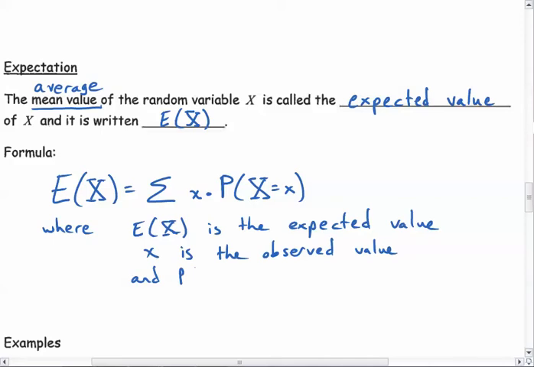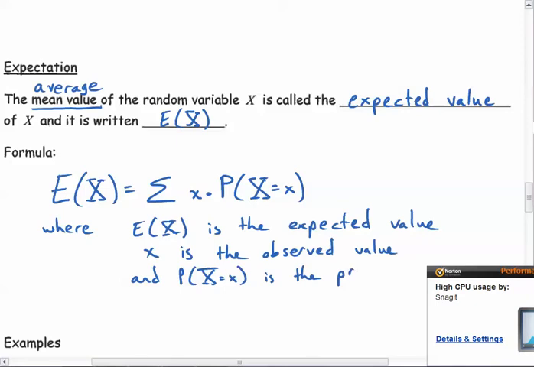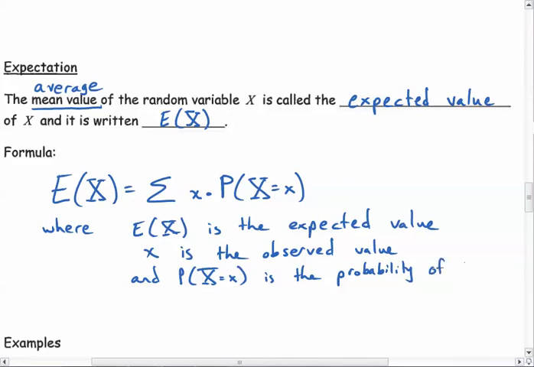And P of X is the probability. And capital X is the random variable. So this looks complicated, but we'll see it's not so bad when we look at some examples.